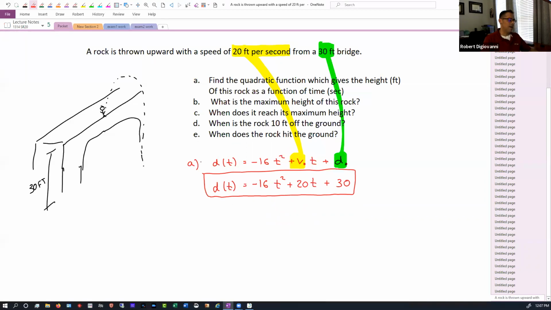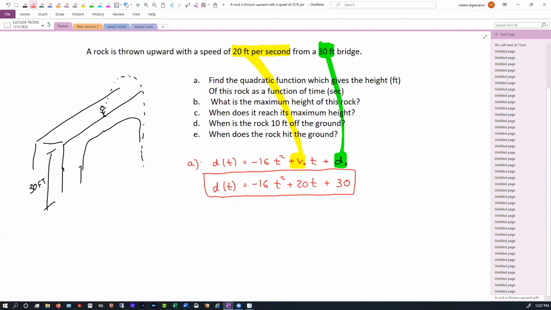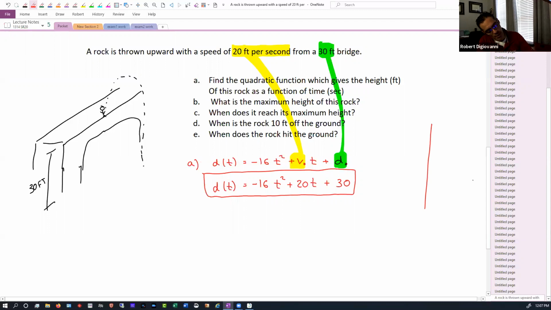Think about it this way. This is a parabola, do you all agree? And it opens which way? Down. So it opens down. Can you tell me what the y-intercept is? 30. And wouldn't that happen if you plugged in 0? Think of t as time.